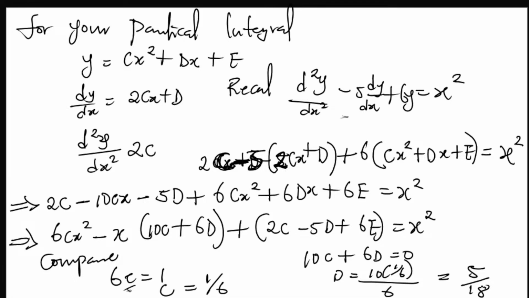The next thing is to get what e is. Comparing to get what e is. Now if you want to compare to get e, remember it is 2c minus 5d plus 6e. So what you have here will be 2c minus 5d plus 6e, and we are equating this to 0, because we want to compare. Our interest is to get what e is, right?